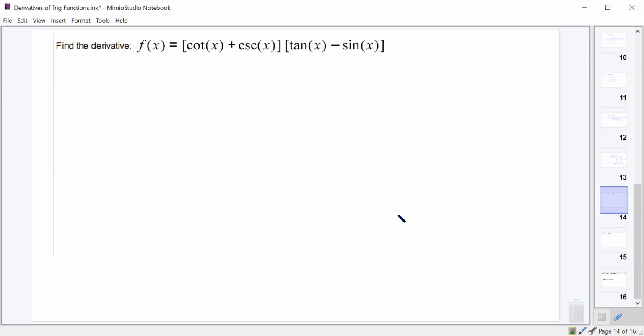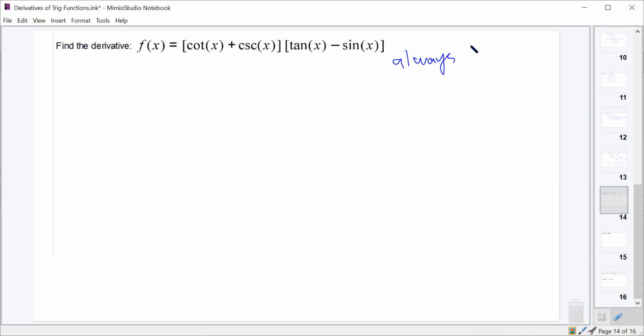There's two options, right? This is a function times another function. So I could use the product rule, or I could simplify it down first. So who wants to try to simplify this by distributing first, and who wants to just use the product rule? Anybody have an opinion on that? Distribute first, yeah.